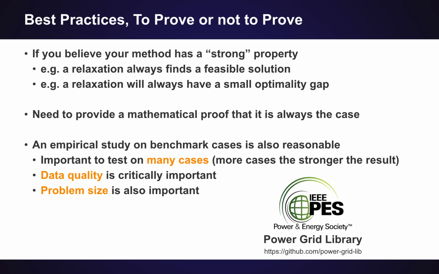If you add, for example, an inequality on top of an existing relaxation, you have to show that it is never going to cut off anything feasible from the original problem. Just to mention that when we are talking about proving.